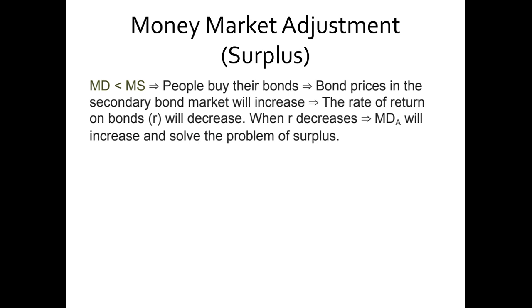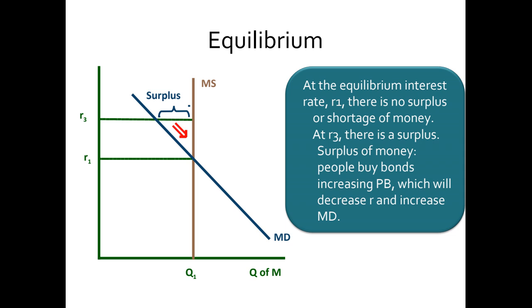So if this is the case, the rate of interest will decrease, and when the rate of interest decreases, notice the asset demand for money will increase, and you will reach this equilibrium again. So this is the adjustment process. At the equilibrium interest rate R1, there's no surplus or shortage of money.